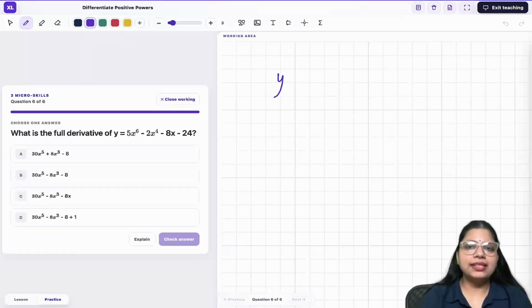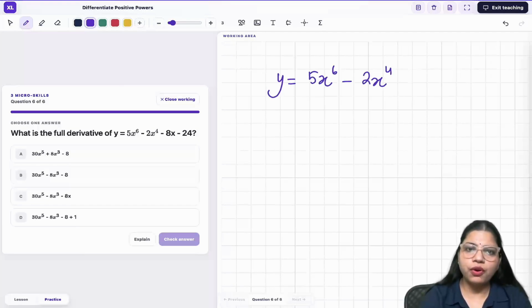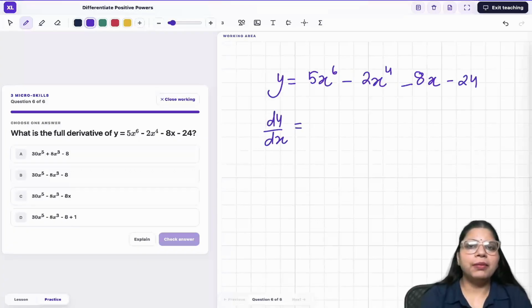Again, one more exam style question. We have 5x to the power of 6 minus 2x to the power of 4 minus 8x minus 24. So what would the first derivative be? Multiplying the indices and the coefficient gives us 30. Reduce the indices by 1, that's 5. Perfect.